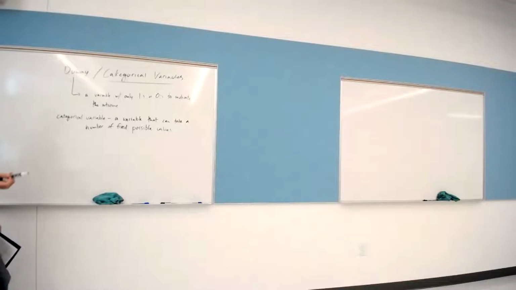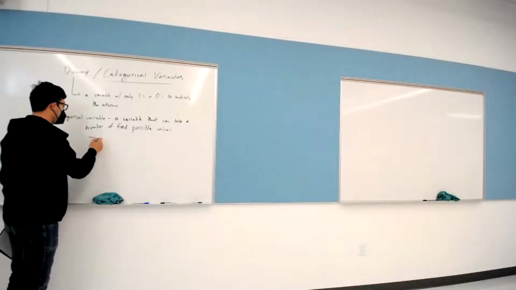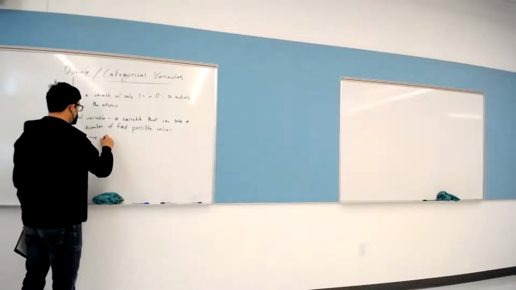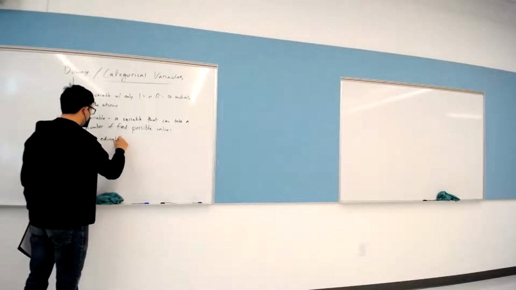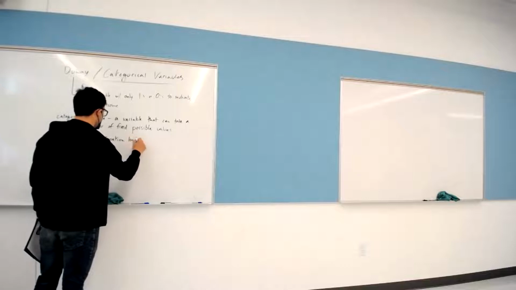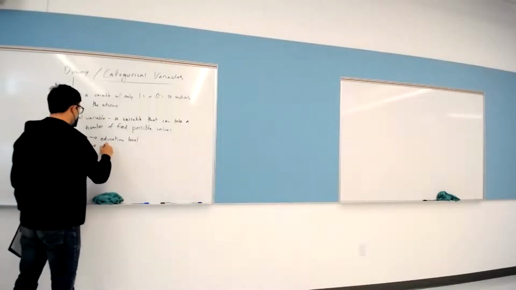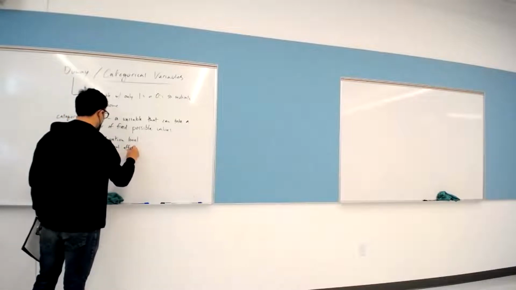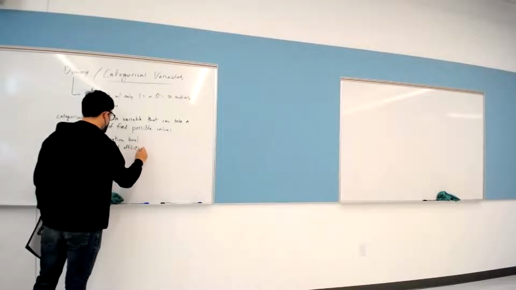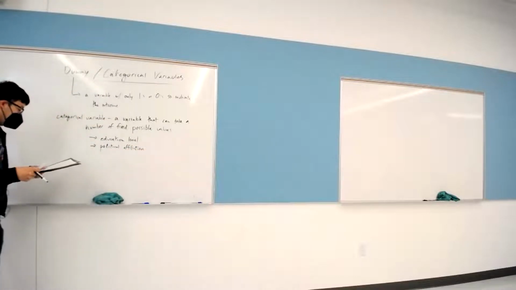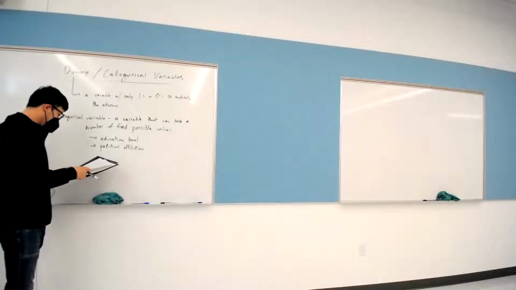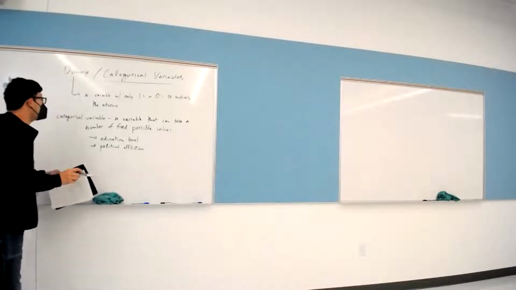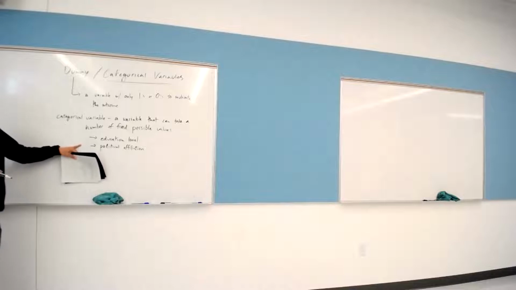Common examples of this would be things in demographics, like education level, political affiliation. Okay, any confusion here?